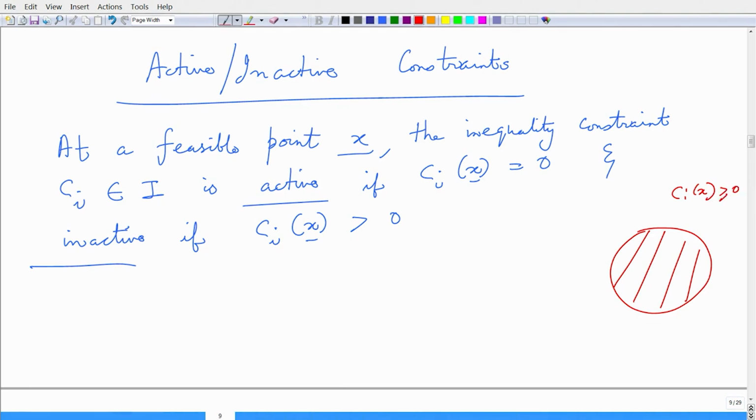I have points which are lying on the circle or beyond the circle, and I will indicate it with these blue shaded lines. So, it is active if it is lying on the circle and it is inactive if it is strictly outside the circle. That is the meaning of active and inactive constraints. So, this illustration will help us.